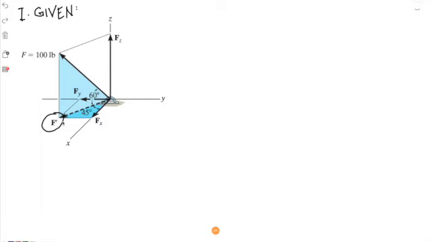In order to find F prime, let me write first what is required by the problem.